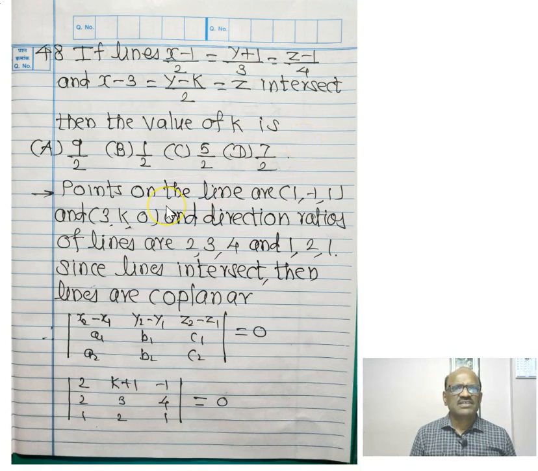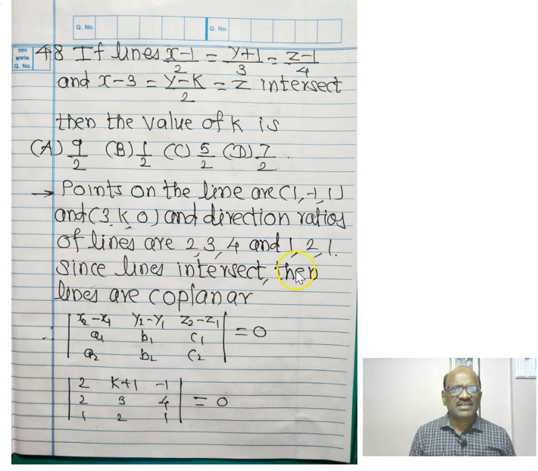Now see this, to find the value of k: the point on the first line is (1, -1, 1), and on the second line it is (3, k, 0). The direction ratios of the lines are 2, 3, 4 and 1, 2, 1.